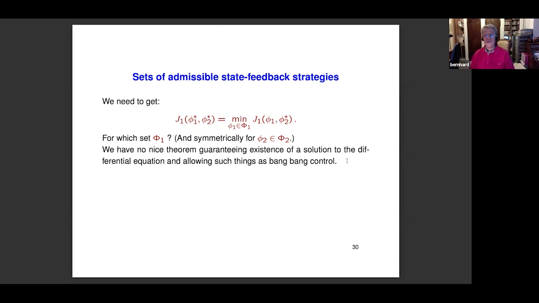You know that the only two theorems we have are either function Lipschitz continuous or the Peano theorem with right-hand side only continuous, but then you don't have uniqueness, and anyhow you need continuity. And experience shows that there are games where you want to use, for instance, bang-bang controls, which are not continuous.